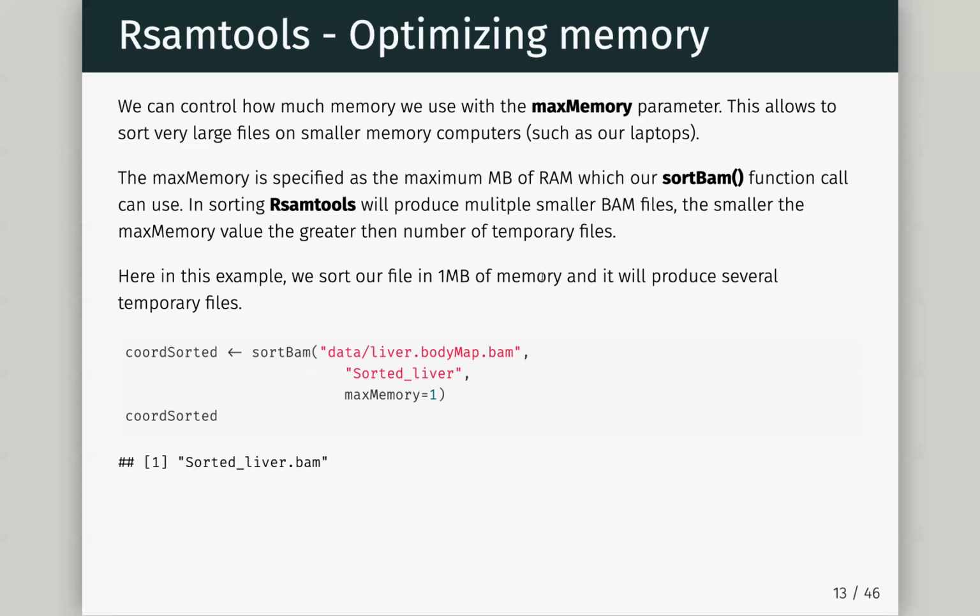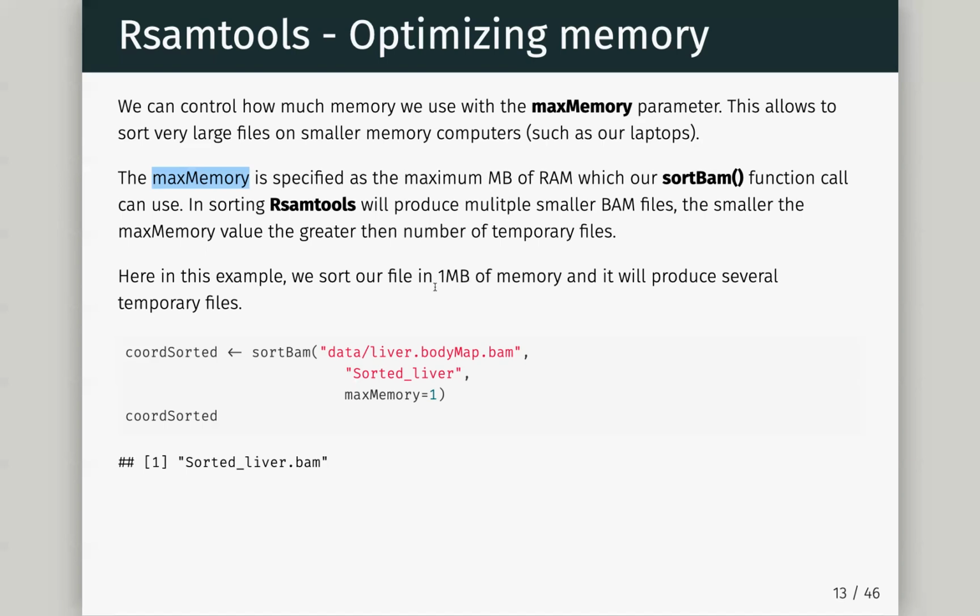So what we can do is set the maximum amount of memory that we want to use to sort our BAM file. And what it will do is create smaller sorted BAM files, and it will place these on your computer. So, we're going to reduce the memory used by sortBam, but it's going to produce more temporary files. So it's going to sort them in smaller chunks, and then it's going to merge the sorted BAM files.